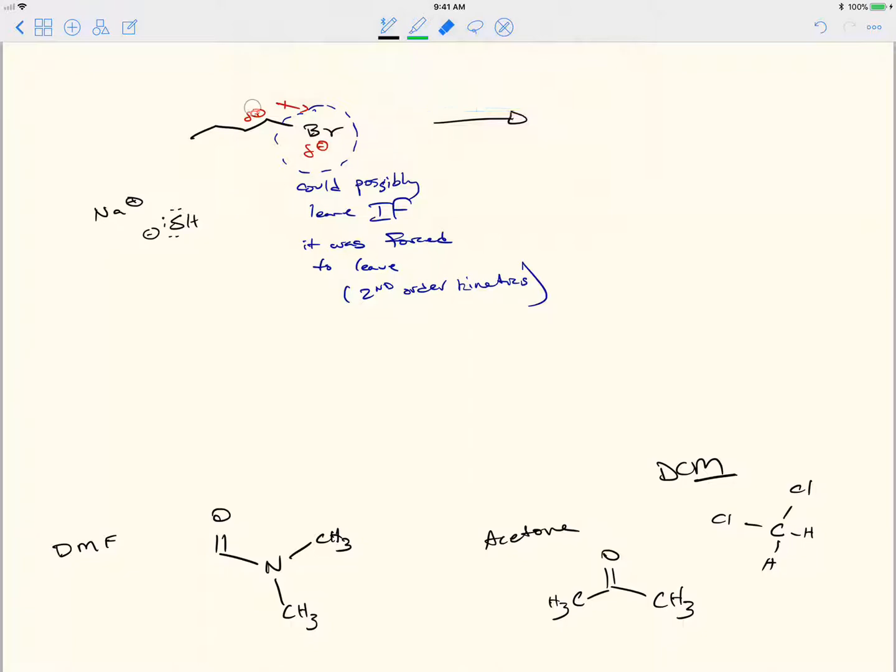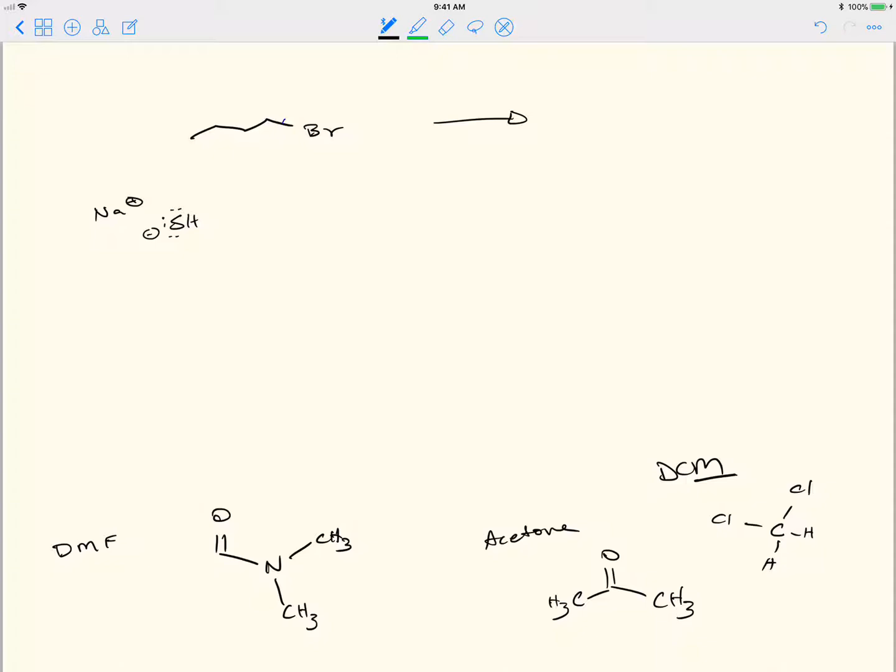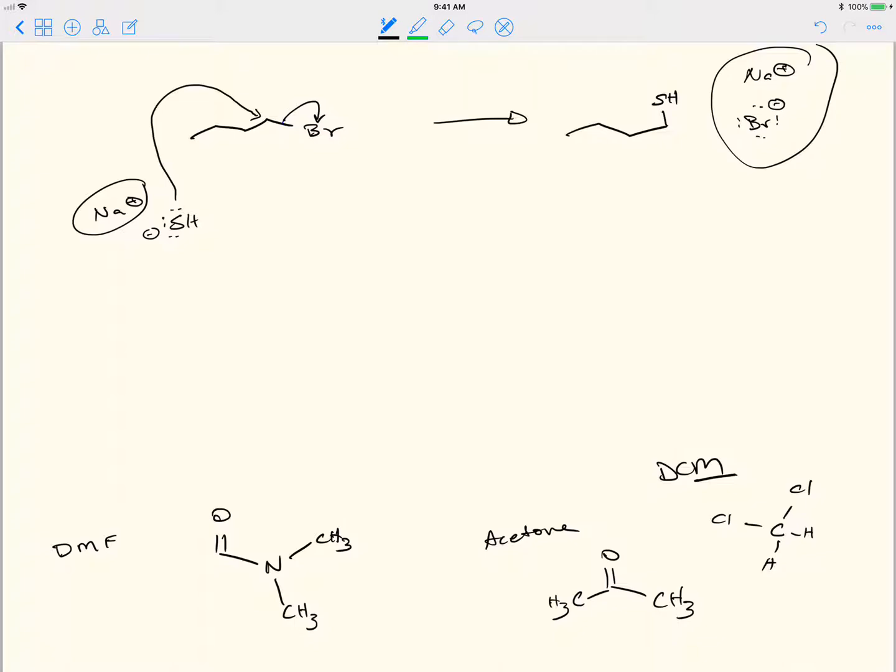I should probably erase all this now that I've identified how everything is going to come together. And so now we've got this, and then Br minus. Now remember, we've got this sodium cation sitting over here doing nothing, so it's going to coordinate. So we're going to have sodium bromide salt and this thiol product.